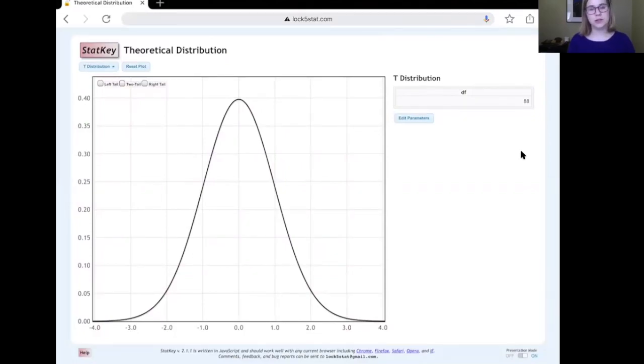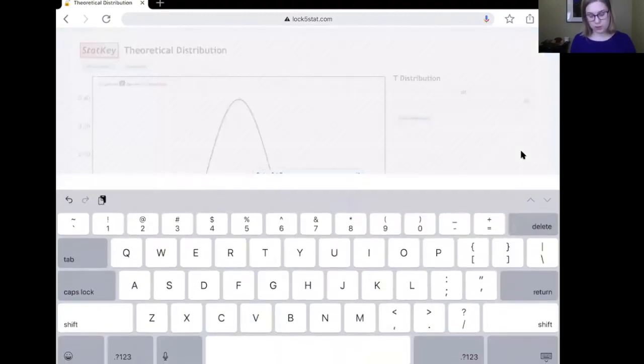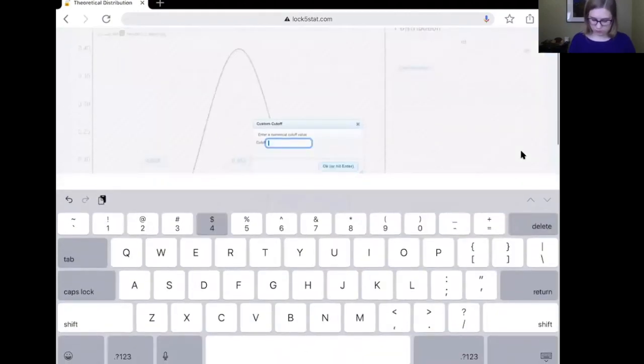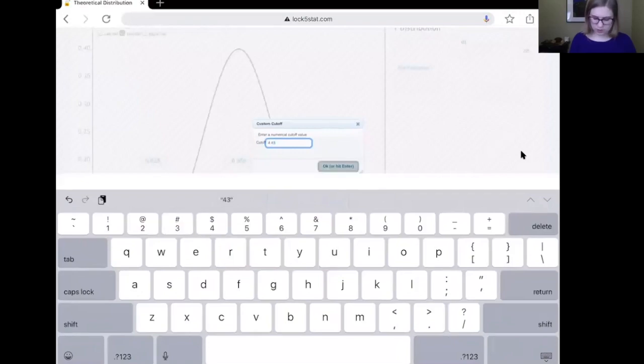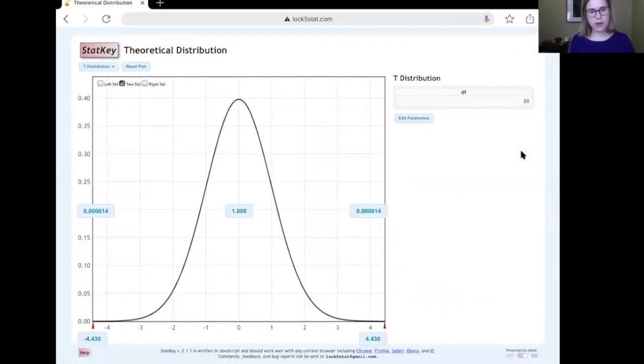And it's a two-tail test because the alternative hypothesis has that not equal. So I'll click the two-tail button, and then I'm going to adjust that critical value. Instead of having it be 1.987, I'm going to put in my critical value, which was 4.43. Okay? And then this gives me my p-value. So I've got 0.000014 on one side and the same thing on the other.